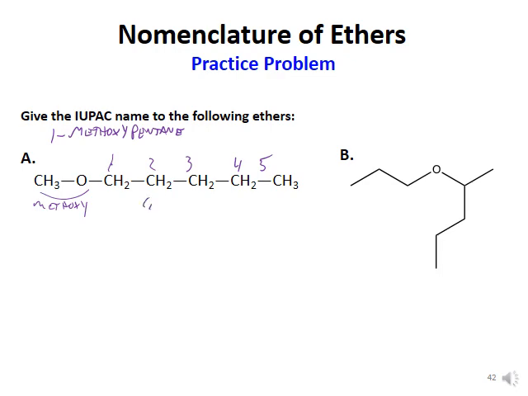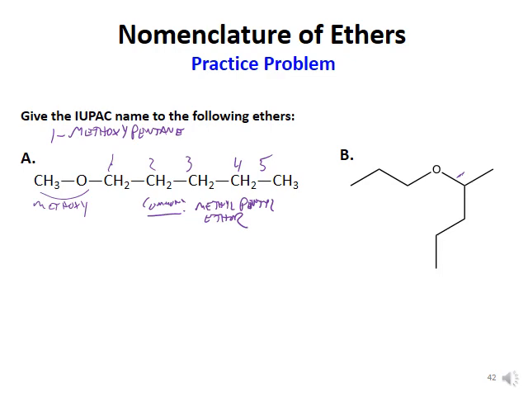Common name for that guy would have to be methyl pentyl ether. Okay, but I hope you see that because this has a branch off of it, there's no way that we can use the common name.